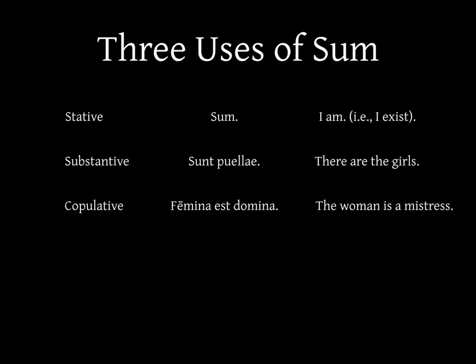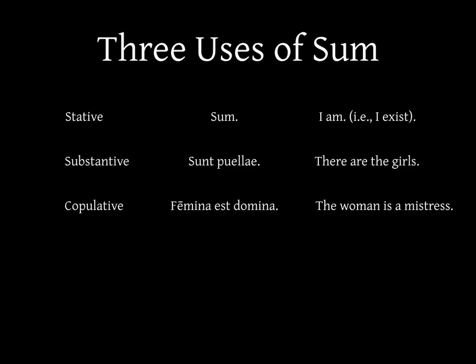That's just sort of the idea. So in this case, puellae is actually the subject, and sunt is the predicate. Now we'll talk in class about what that word predicate means, and what it means to predicate something of something else. But for now, all you need to know is that all sentences have a subject and a predicate.